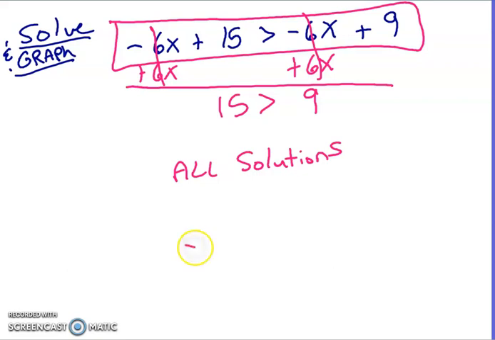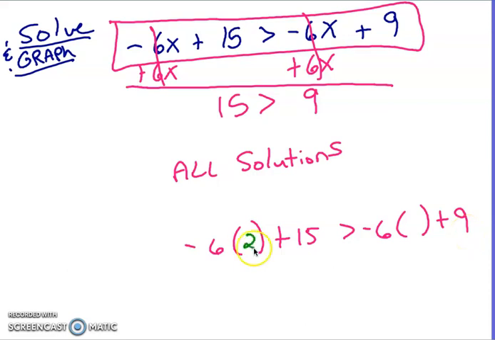Like literally, if you put -6 blank plus 15, -6 blank plus 9, and if you plug in, pick some random number like 2, I don't care what number it is, but pick the same number. And so -12 plus 15, that's 3. -12 plus 9.